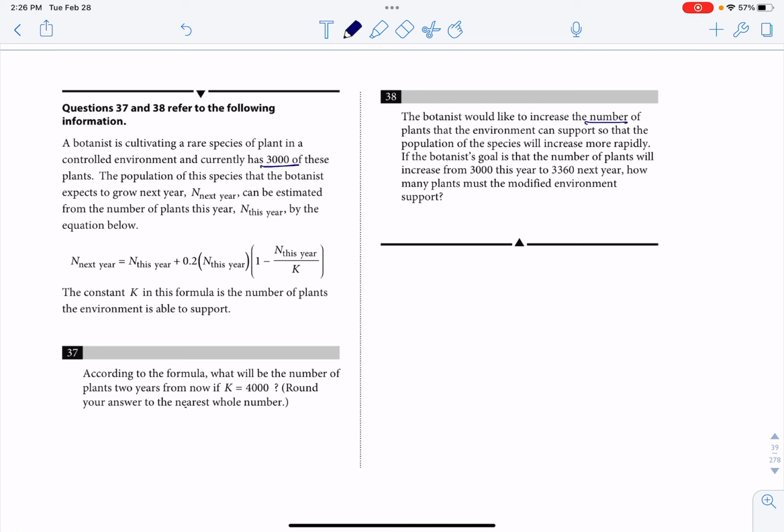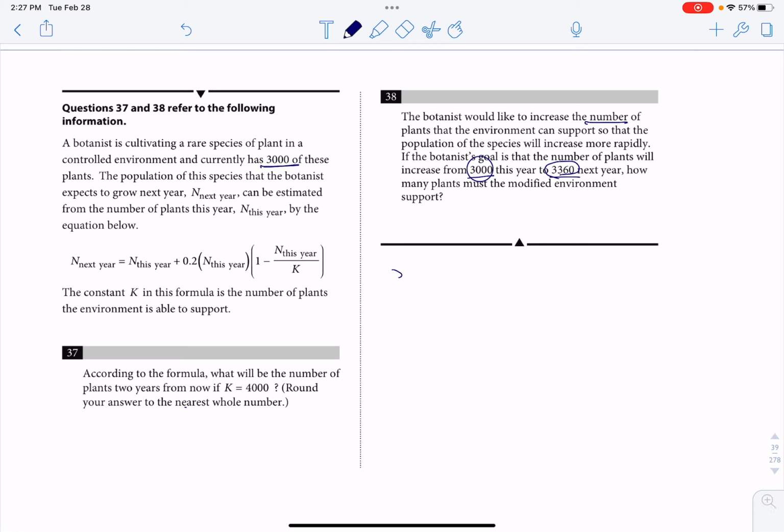If the botanist's goal is that the number of plants will increase from 3,000 this year to 3,360 next year, how many plants must the modified environment support? So this is the number of plants for this year, and then this 3,360 is the number of plants for next year.